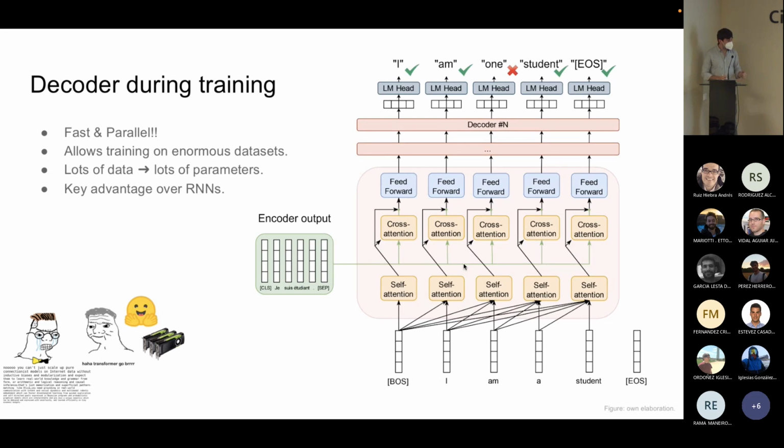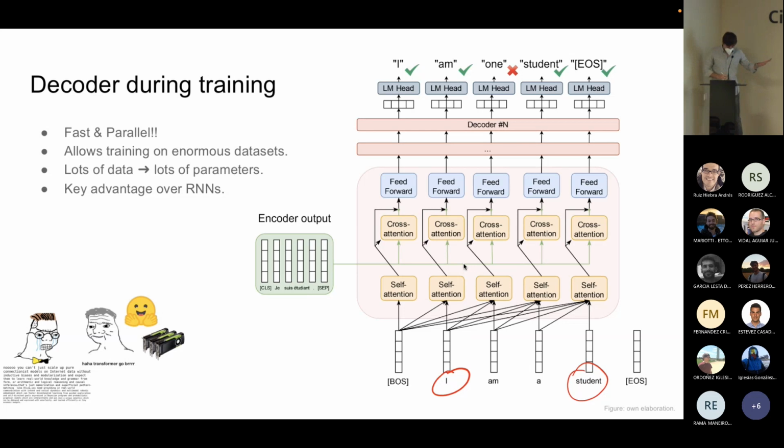Because of self-attention, we don't need to wait for the previous word to be processed to process the next one. We can start working with "a student" without having processed "I", because when we are training, we know how we will translate the sentence.